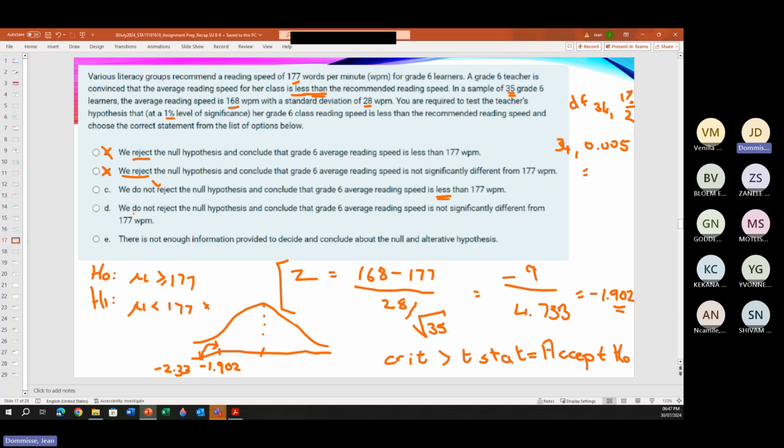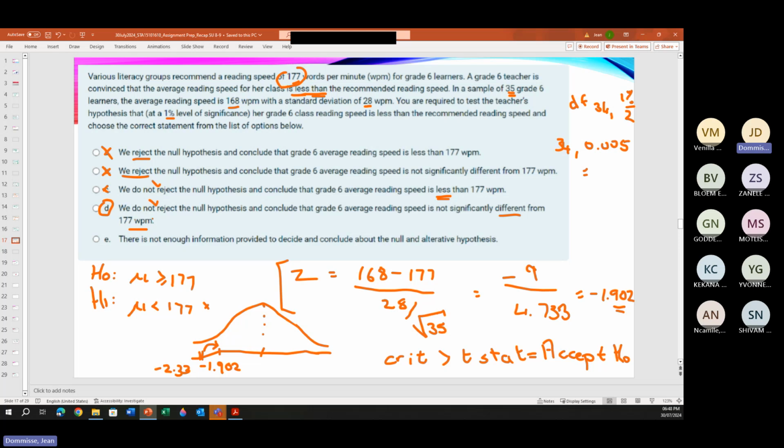So we do not reject the null hypothesis and conclude that grade 6 average reading speed is not significantly different from 177. We can't say that it is different from the 177, and that is option D.